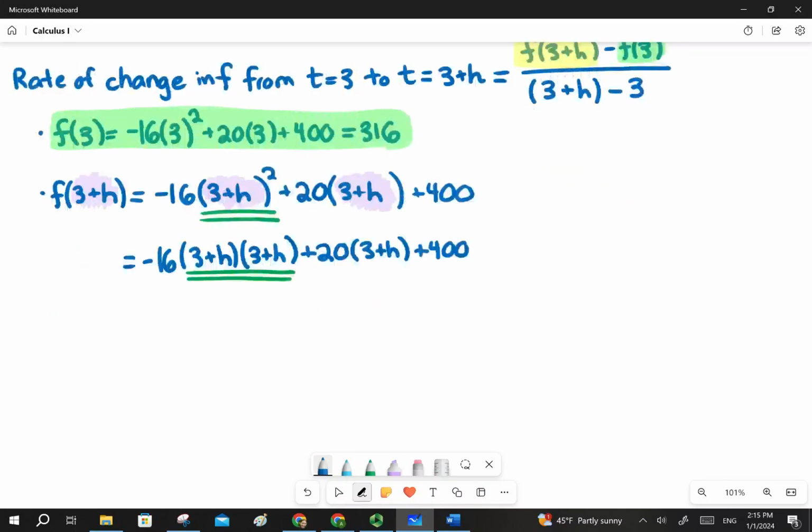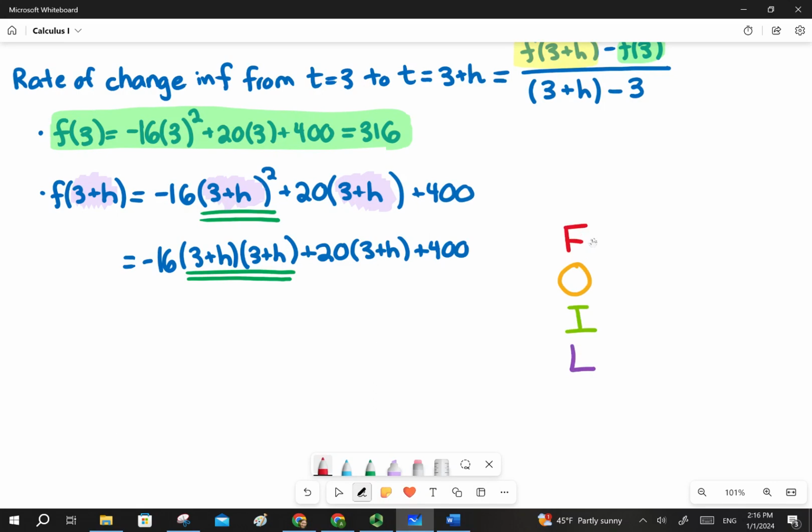To begin simplifying negative 16 times 3 plus h times 3 plus h plus 20 times 3 plus h plus 400, I'm going to use the FOIL method to multiply out 3 plus h times 3 plus h.